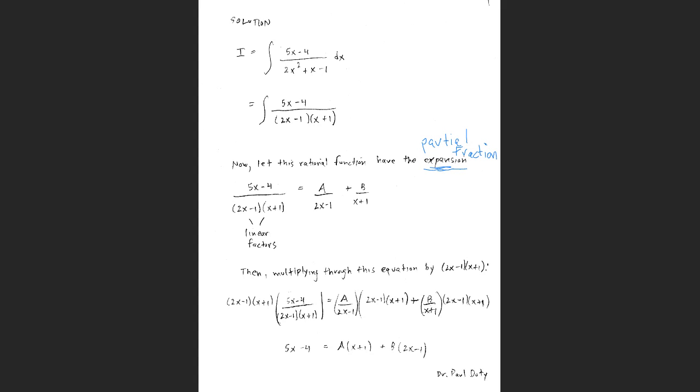Okay, so let's say you had something like this. Let's say you had the integral of 3x minus 1 over x squared plus 2 times x minus 1 dx.